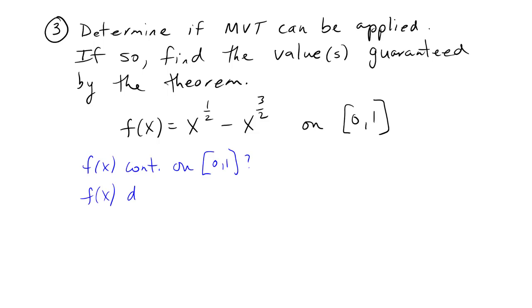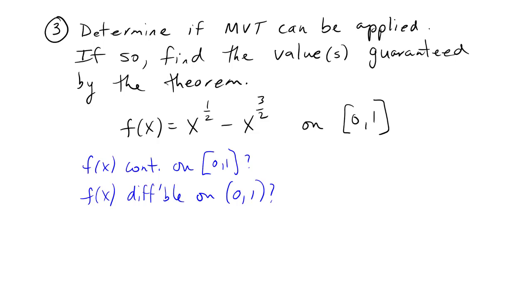And is f of x differentiable on the open interval 0, 1? If these are true, then the MVT will apply, and it'll allow us to guarantee that the derivative will take some certain values.